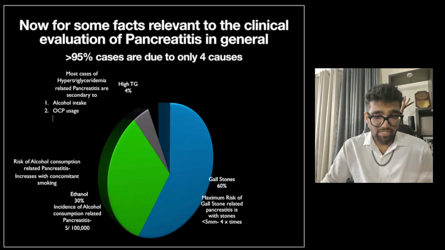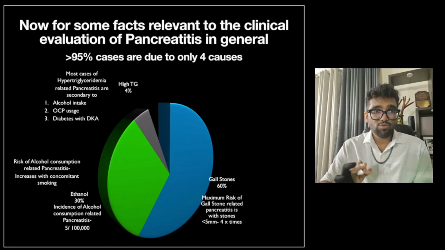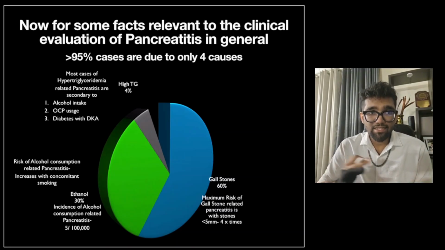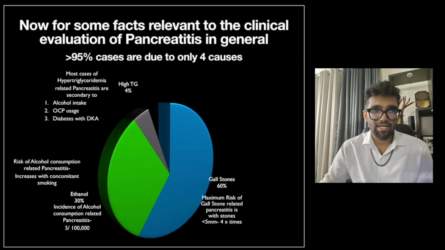So this is a very specific subset of patients, or obviously insulin resistance in patients with diabetes. And in that situation, the pancreatitis itself can induce diabetic ketoacidosis, and this is a classic clinical scenario in which you have a presentation of a patient who is a known diabetic who develops diabetic ketoacidosis.